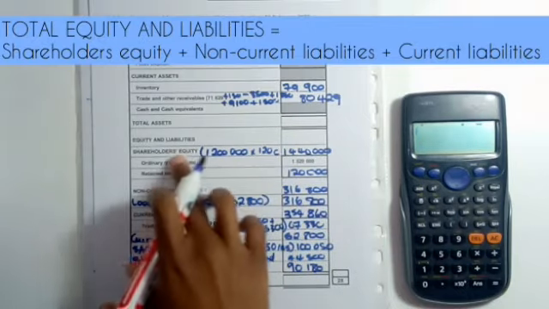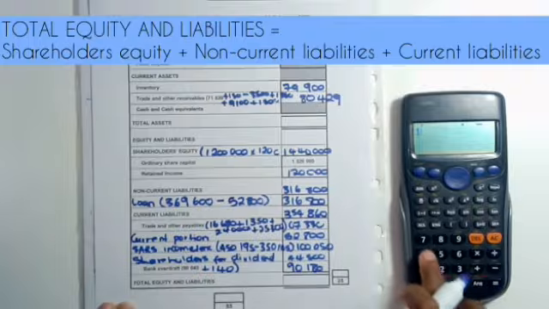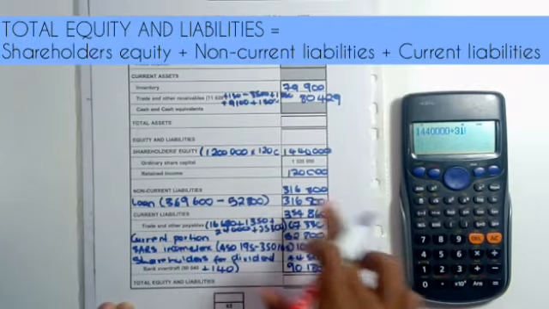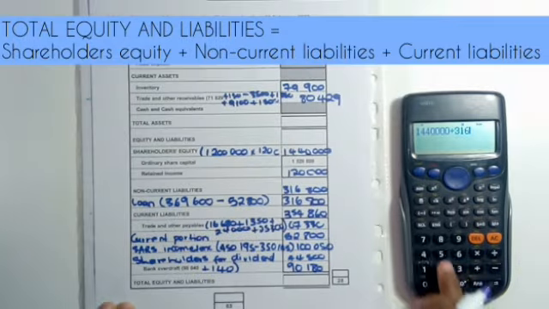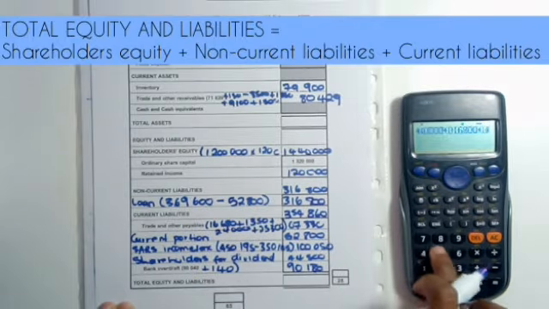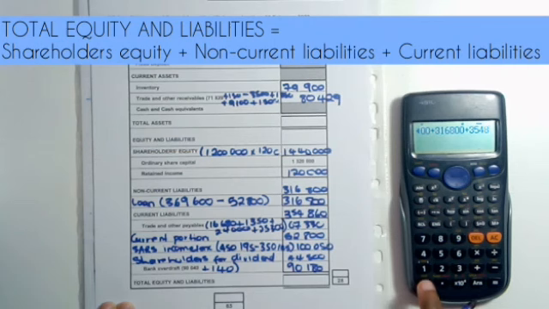So we are going to start with our shareholders equity of 1,440,000, add our non-current liabilities at 316,800 plus that current liabilities at 354,860, and it gives us 2,111,660 as our total equity and liabilities.